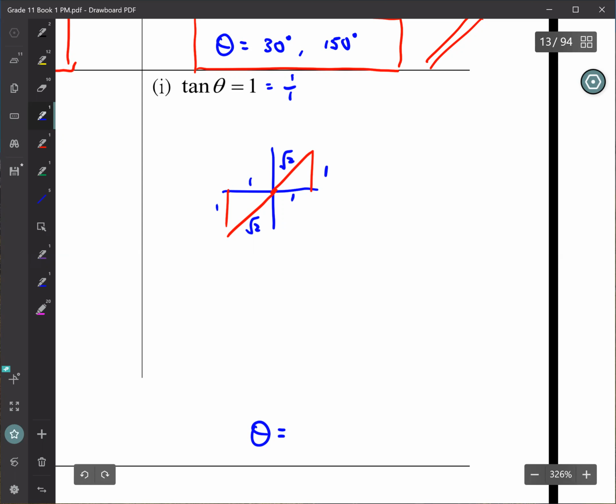Okay, excellent. Okay, Ivy, what do we do now? Find the reference angle. Did you find it? 45. Yep, 45. Okay, thank you.